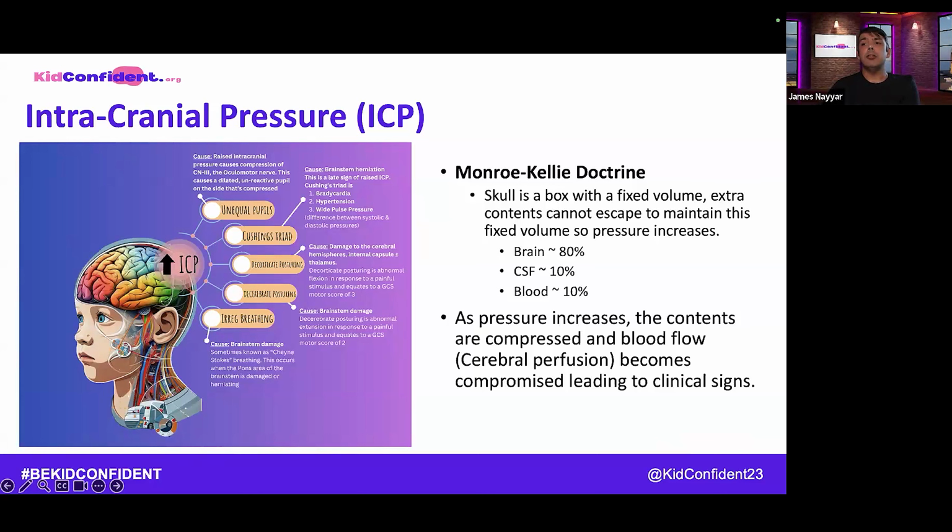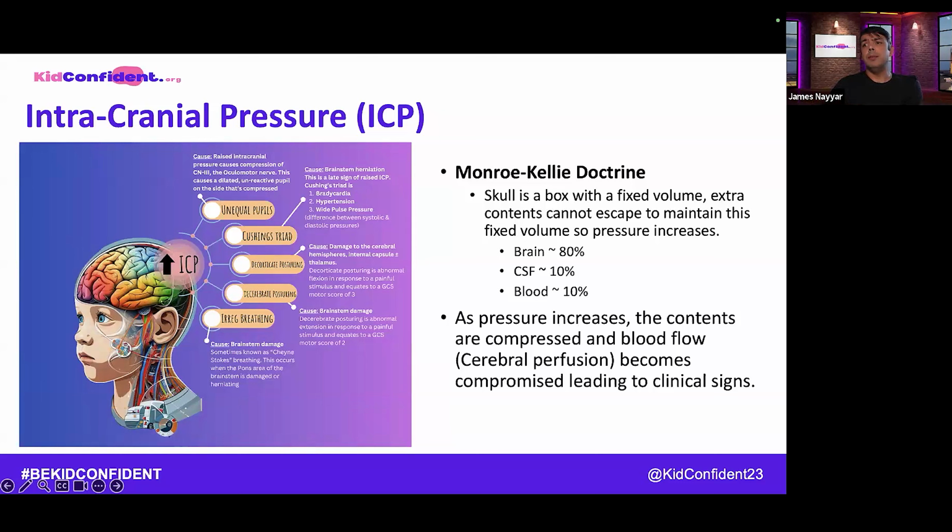The Monro-Kellie doctrine explains why intracranial pressure increases, because it says that the skull is a box with a fixed volume, and what we were talking about, fontanelles and the sutures, is why that might delay some of the signs in children, but still the extra contents can't escape to maintain the fixed volume. So as the contents of the skull increase from bleeding or brain tissue swelling, so does the pressure inside the skull. And even in the youngest children, this becomes true.